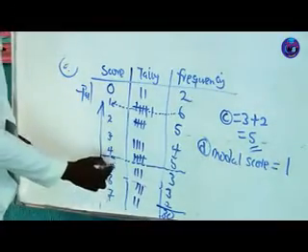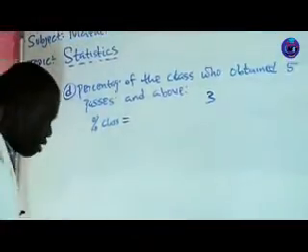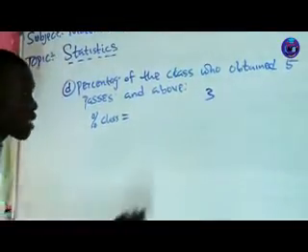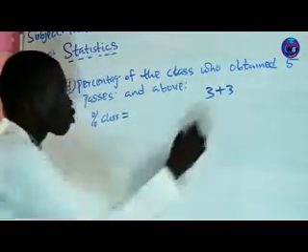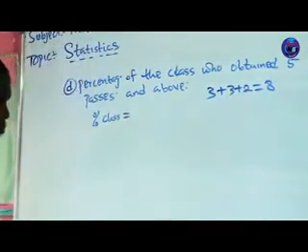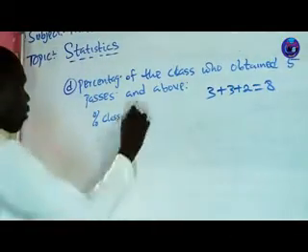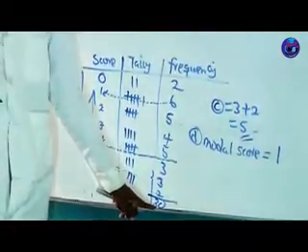If you look at 5, we have frequency 3. For 6 we have frequency 3, and for 7 we have 2. So if you add this together, it will give you 8. Now this will give us 8 divided by total students, which is total frequency, which is 30.